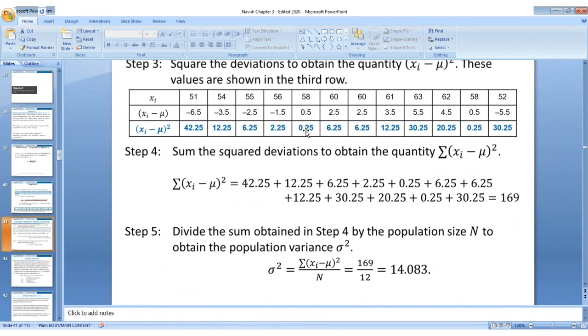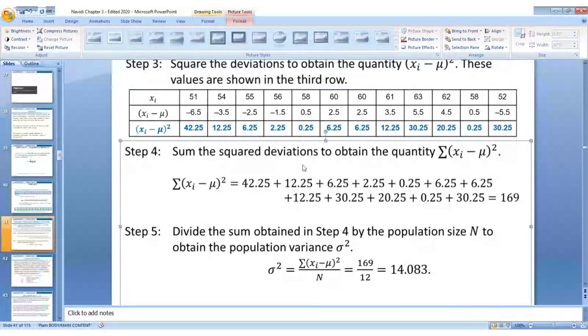0.5 squared is 0.25. And now you'll see, oops, I thought I could select it. I guess I can't. But look at the third column here, the 55, and compare it with the one over here with the 60. Since this was negative 2.5 and that was 2.5, when you square these, they both come out to 6.25. All right. Then we got another 6.25.